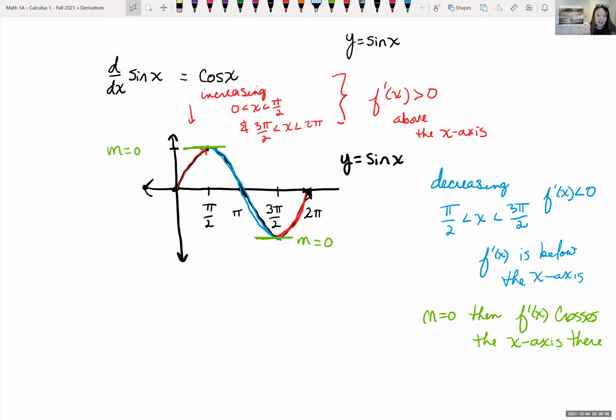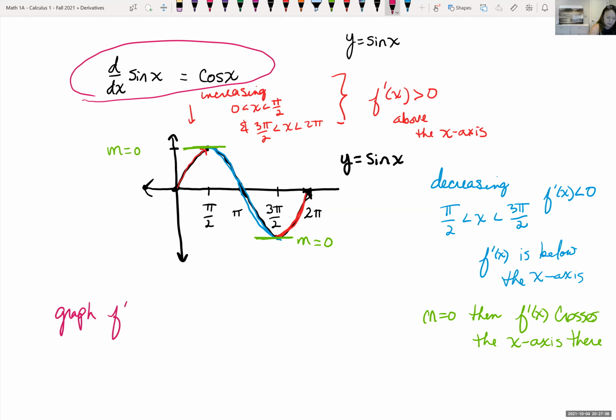Okay, so let's now look at this with a graph of cosine of x, which we just found is our derivative function. So let's graph f prime of x, and at the same time look at what we were looking at with our original function. We said f prime of x was cosine of x.